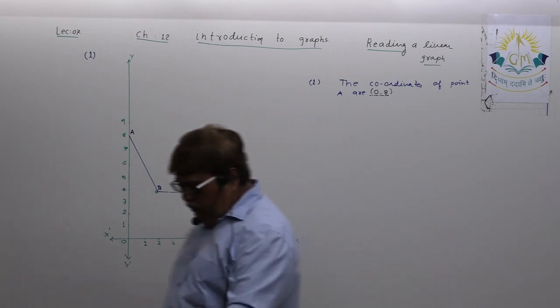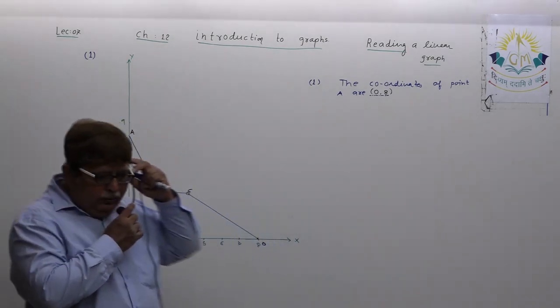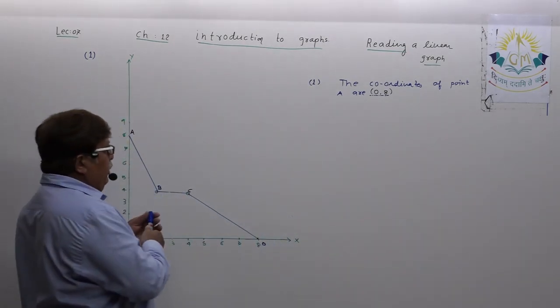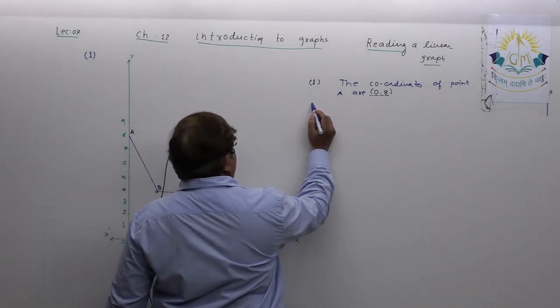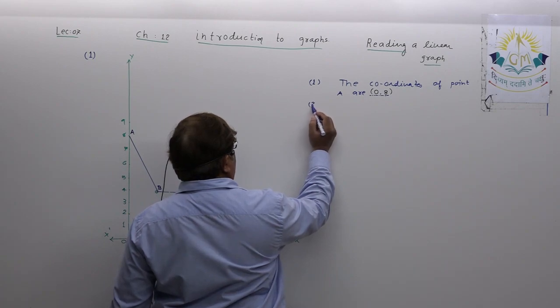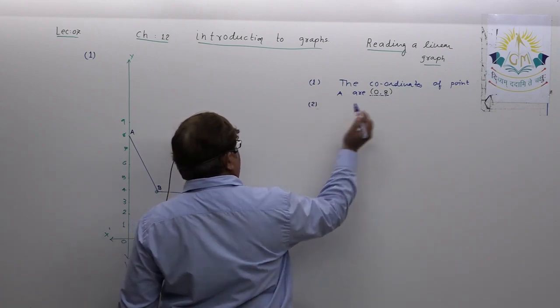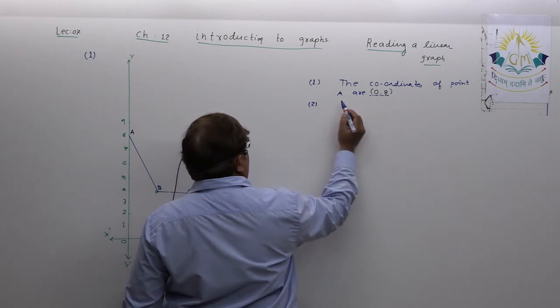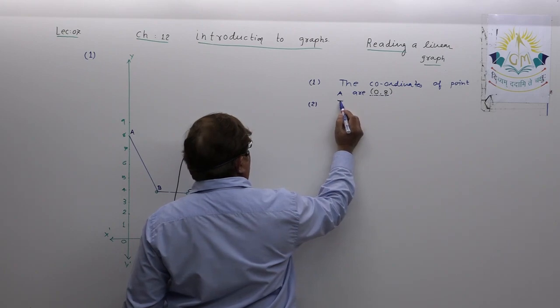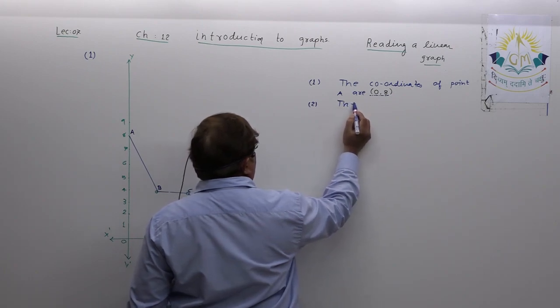Okay. Now the second question. Please be very conscious. Whenever you write the coordinates, first is always the x coordinate, second is always the y coordinate.